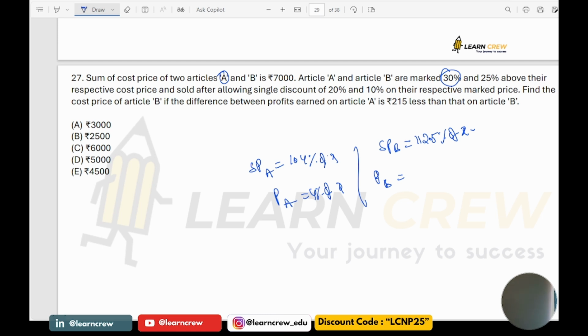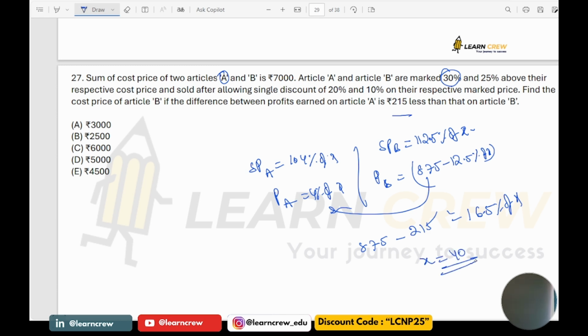Profit earned on article B would be nothing but 875 minus 12.5% of X. And the difference of these two: 875 minus 215 is equal to 16.5% of X. So how much did you get here? I got X as 40.